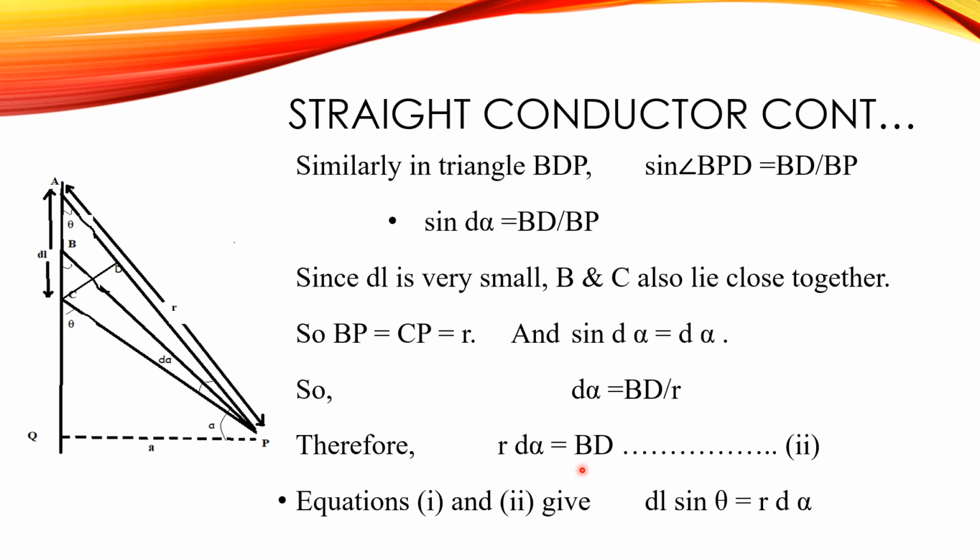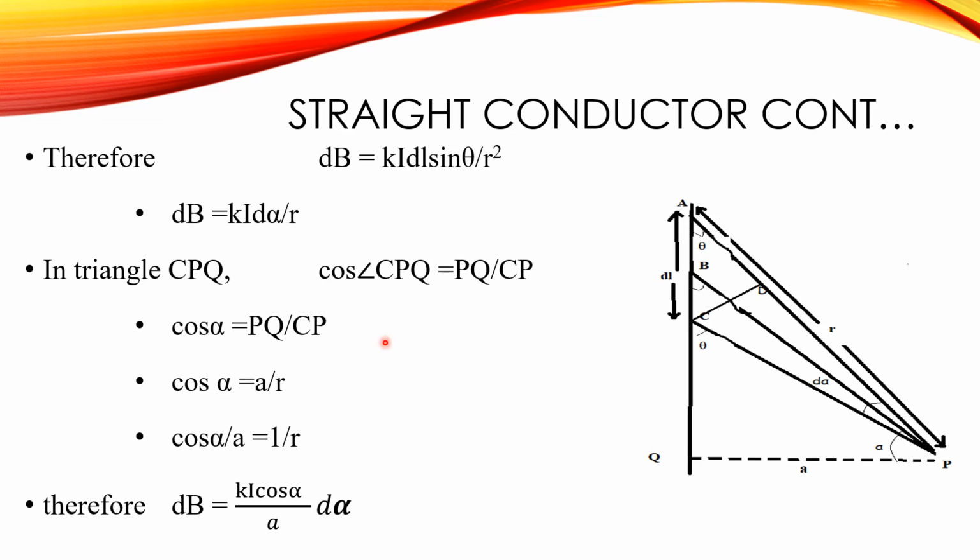Now we have two equations, equation 1, which is dl sine theta is equal to BD, and equation 2, that is r d alpha is equal to BD. In both we have BD on one side, so our equation turns out to be dl sine theta is equal to r d alpha. Now we are going to simplify this equation.